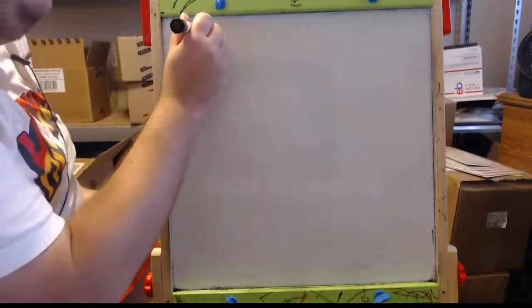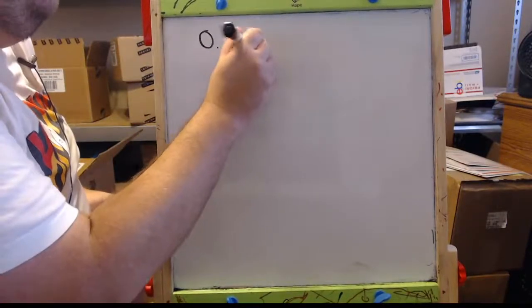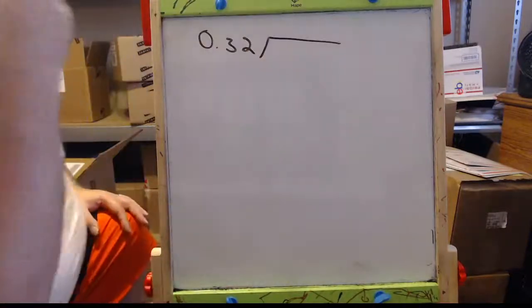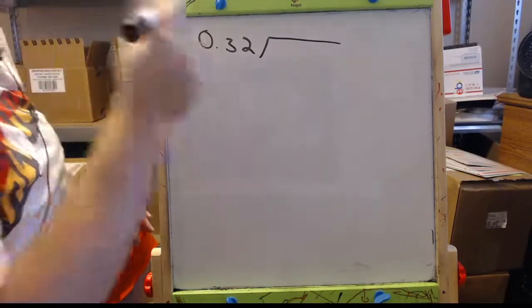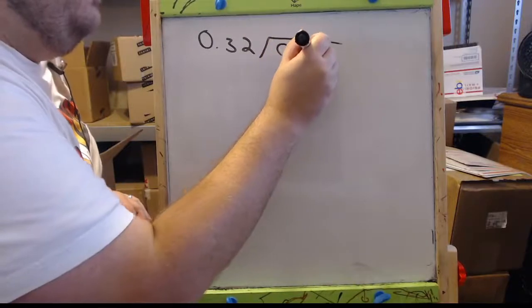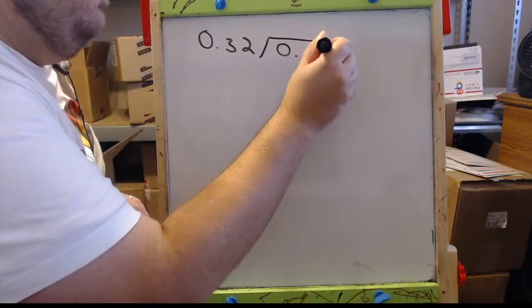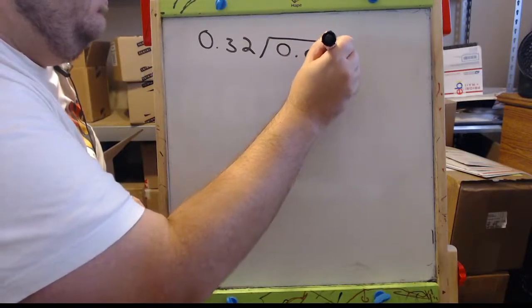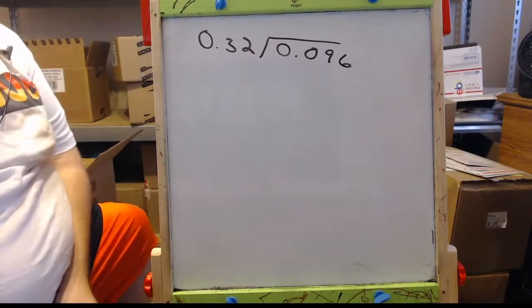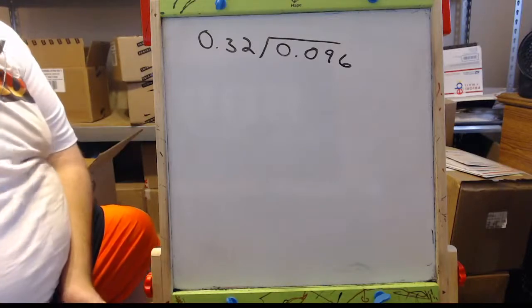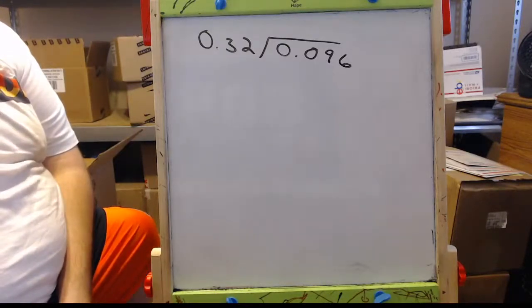So let's say we had something like 0.32 divided into 0.096. Okay? And I want to know what this answer is.